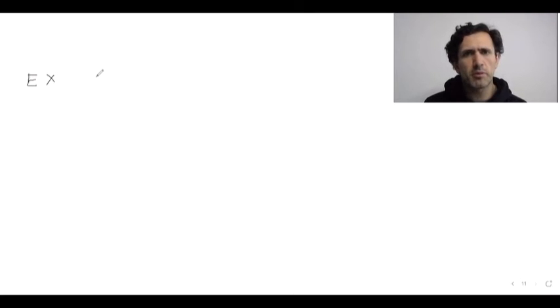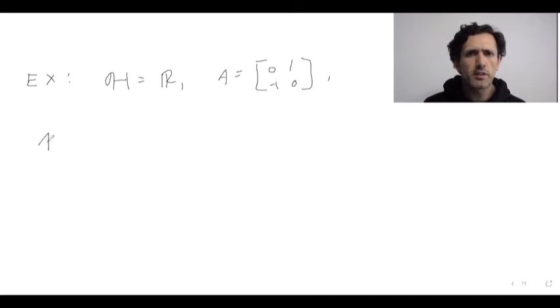So for example, take probably one of the easiest examples you could think of, which is H as R2 as a vector space over the reals. There are a million examples here. Certainly all inner products are real, so there's nothing to worry about there. So just take anything that's not self-adjoint, like (0, 1; -1, 0).